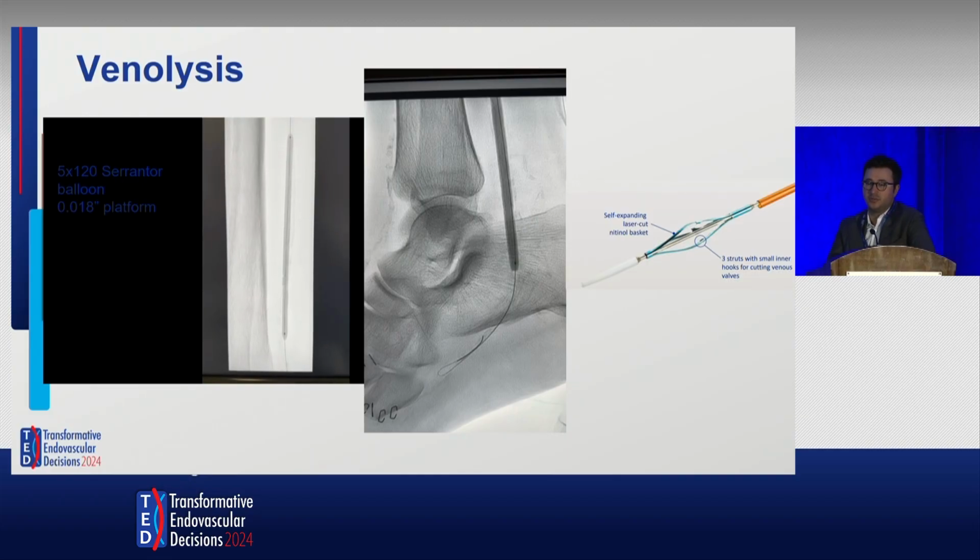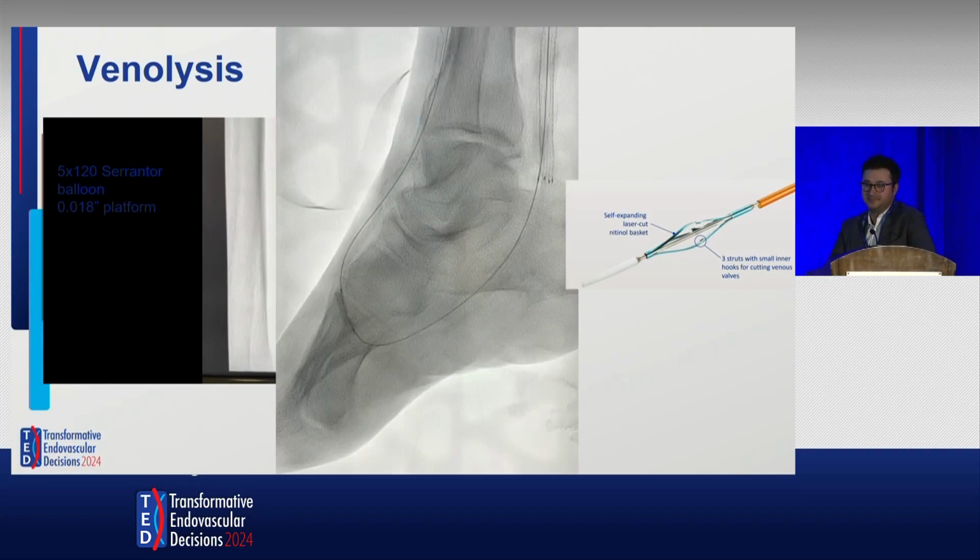And there's usually some really, really aggressive valves at the level of the ankle or below the ankle. And I still use it even when I'm doing my LimFlow cases, despite the fact that we have access to a forward-cutting valvulotome. Then below the ankle, one of the things that I like to use is a cutting balloon, and for whatever reason that's not playing, but I pull it back like a Fogarty over the wire to lyse all the valves in the forefoot.